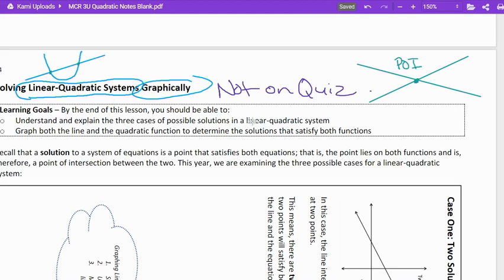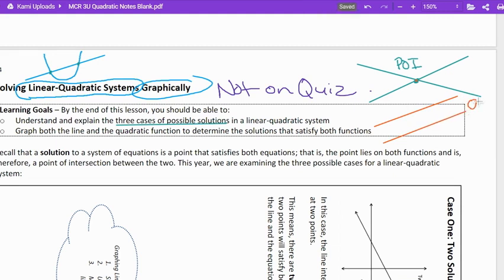So let's understand what we're going to do today. We're going to understand and explain 3 cases of possible solutions in linear quadratic systems. When we studied linear systems, one of the solutions was when there was one solution. That's one type. Another one was where the 2 lines were parallel. How many solutions were there?